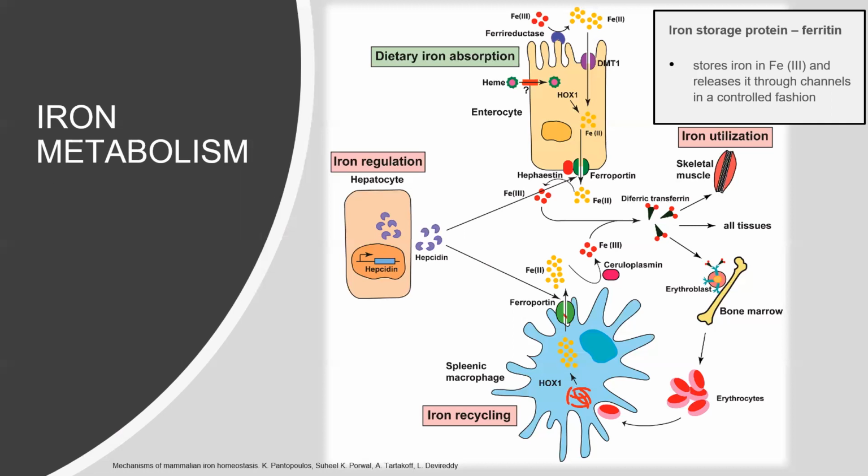Iron is stored in liver, spleen, and bone marrow, as I've said before, in the form of ferritin. Ferritin is an iron storage protein. It stores iron in ferric form and actually releases it through channels in a controlled fashion.